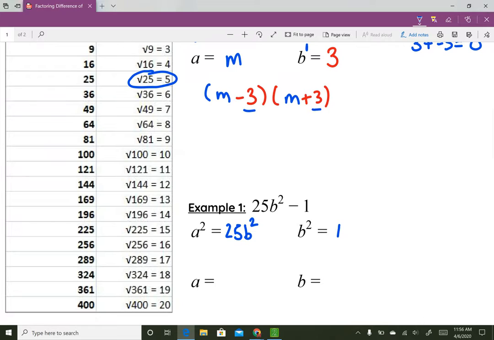How do I get rid of the square, or how do I just get a? I take the square root of both sides. What's the square root of 25? It's 5. What's the square root of b squared? It's just b. And then I take the square root of both sides here. The square root of b squared, we already discovered, is just b, and the square root of 1 is just 1.